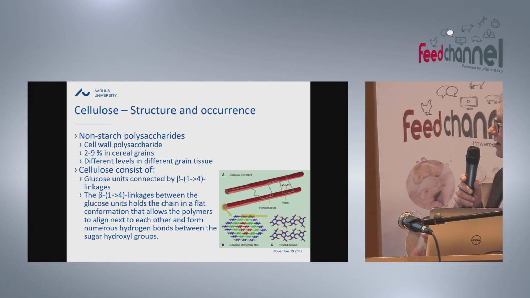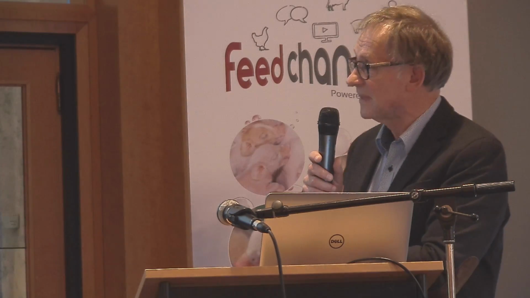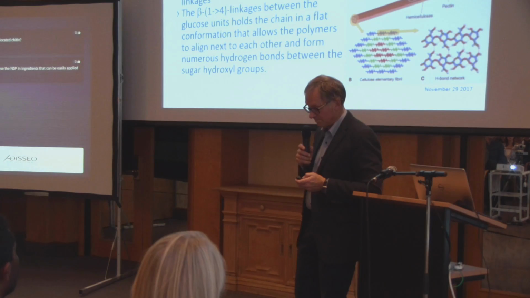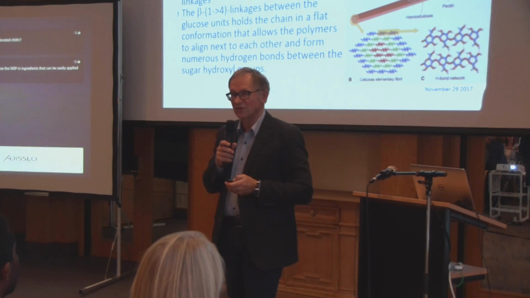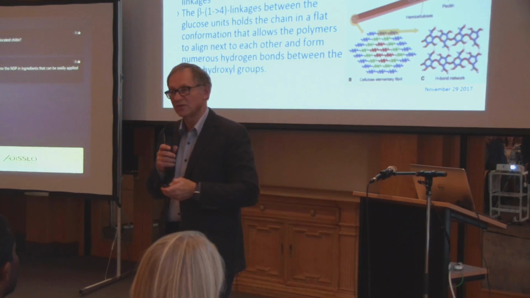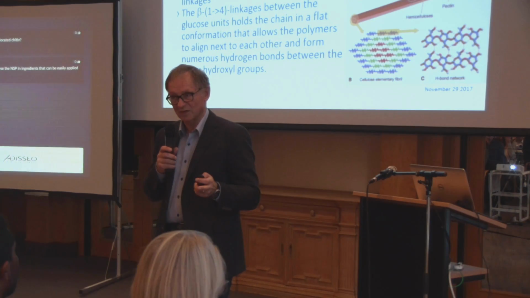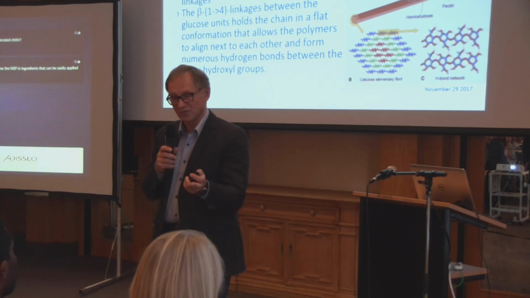When you're looking at the cellulose, as I mentioned before, it is built of glucose units. And it's actually the same units as are included in starch. But in contrast to starch, the linkages between the glucose units are beta linkages, whereas in starch it's alpha linkages.